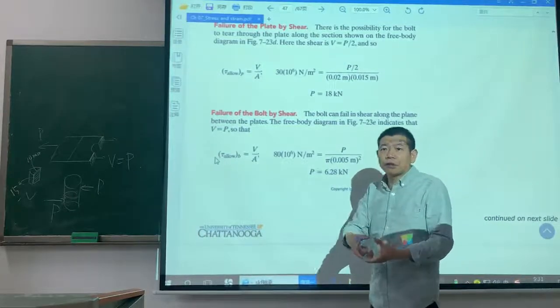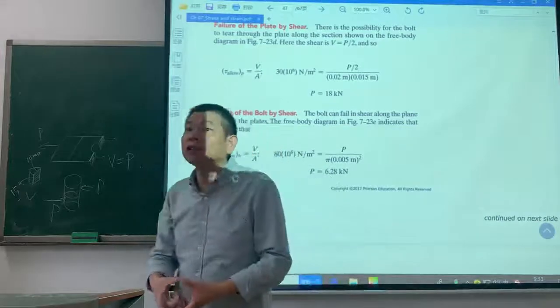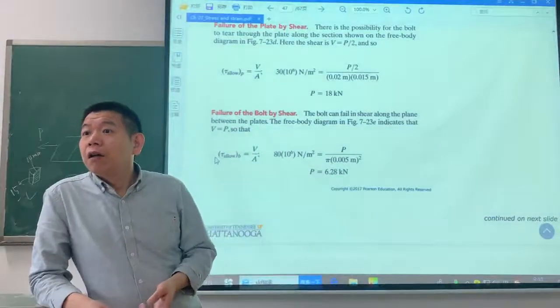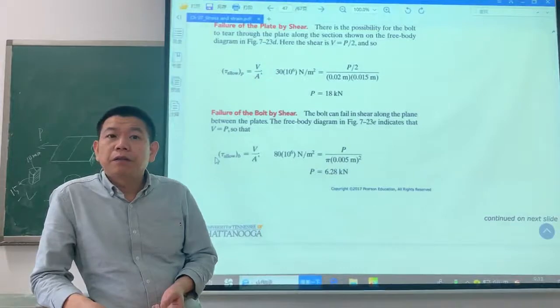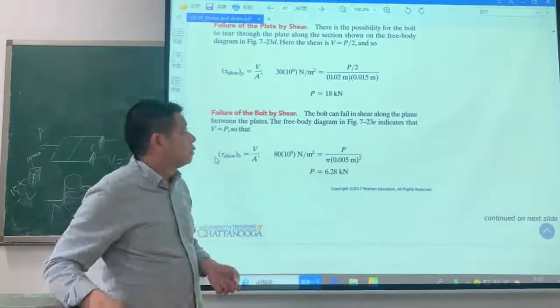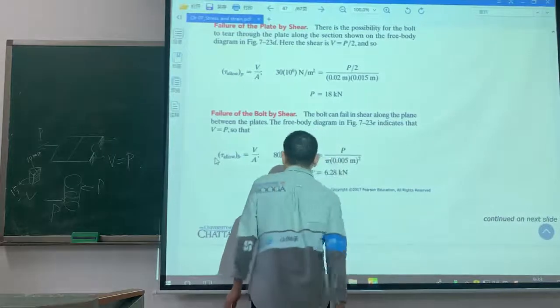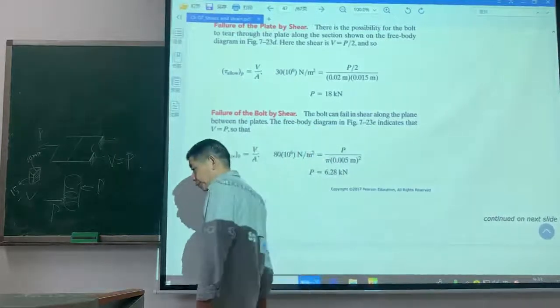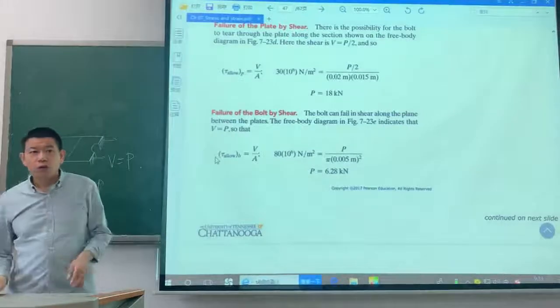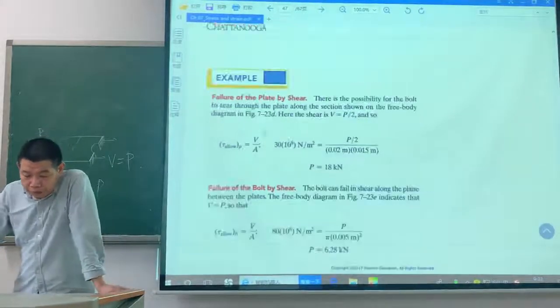The shape of the cross section of the bolt is a circle. So the area is this one. So we can get P is this one.